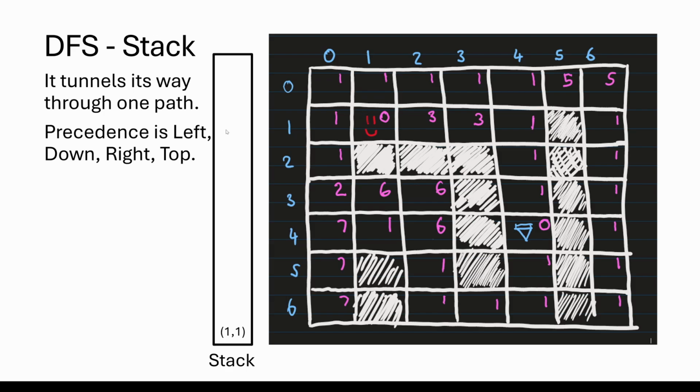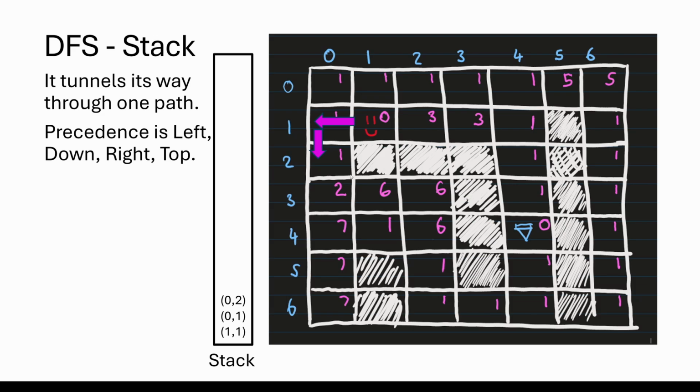And then we ask ourselves what's the highest priority movement which we could take. We could go left, so that's the movement we take. Then we ask the same question again, what's the highest priority movement? We can't go left, but we could go down because that's the second highest priority movement.